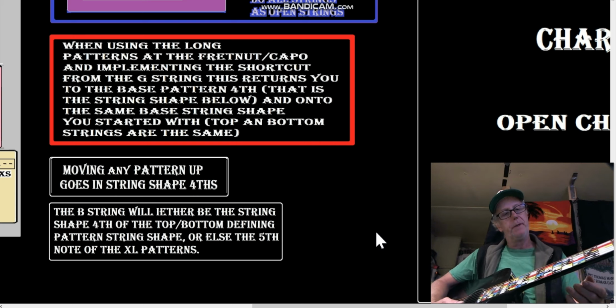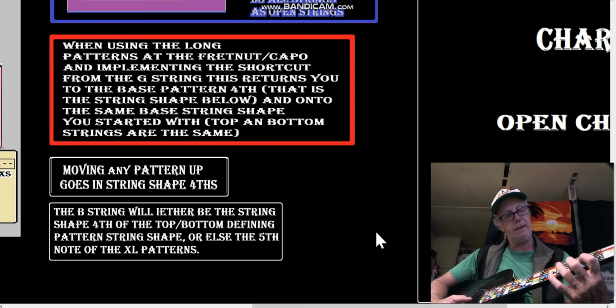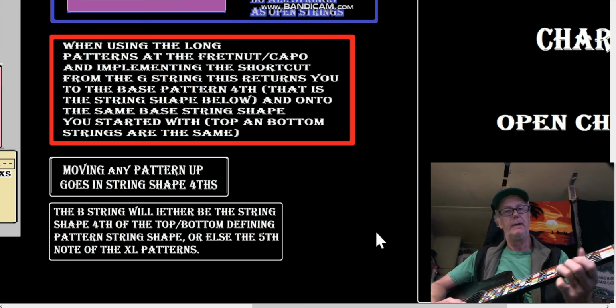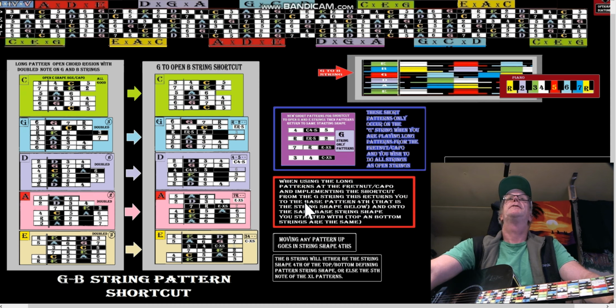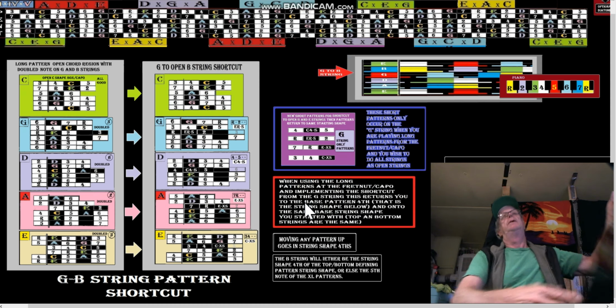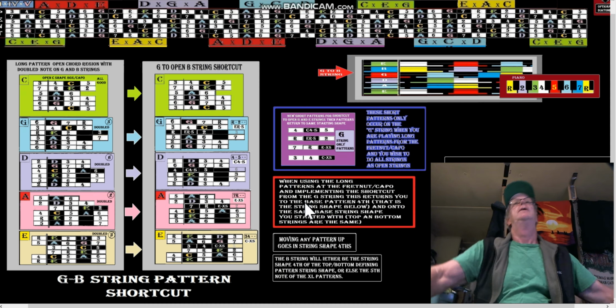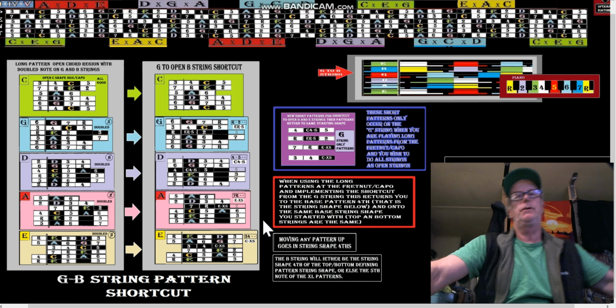The string shapes are C, G, D, A, E. Those are the string shapes. We didn't put them on this diagram. Just a little word about aliasing there. Use it if you can.